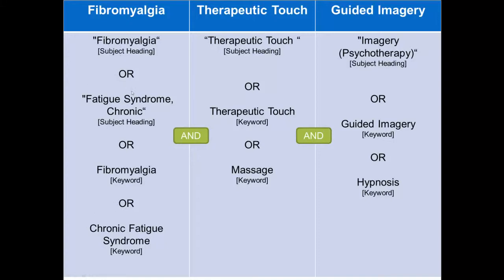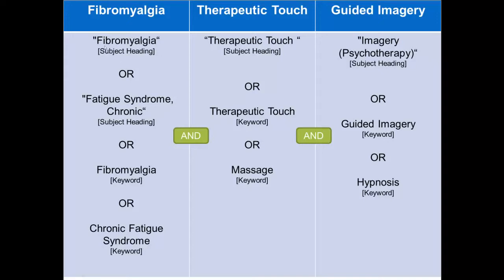All of these are related terms, different ways to approach the same condition. The reason you see chronic fatigue syndrome in here is that in the literature, many times chronic fatigue syndrome and fibromyalgia are discussed as one and the same or are very closely related.